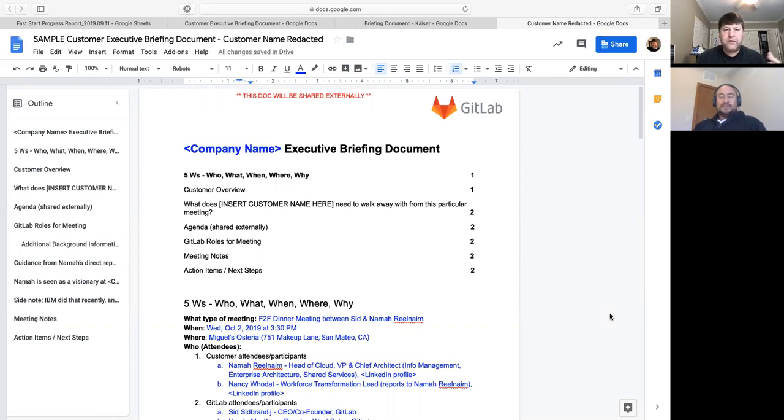So Nico, can you give us a little bit of context? We've redacted the customer name here to protect the innocent, but what did you create this for from the beginning? So I was working with a company, trying to break in there and bring in GitLab. I have them as an existing customer of mine from a previous employment opportunity, and we had some interest there. Just didn't have the executive buy-in.